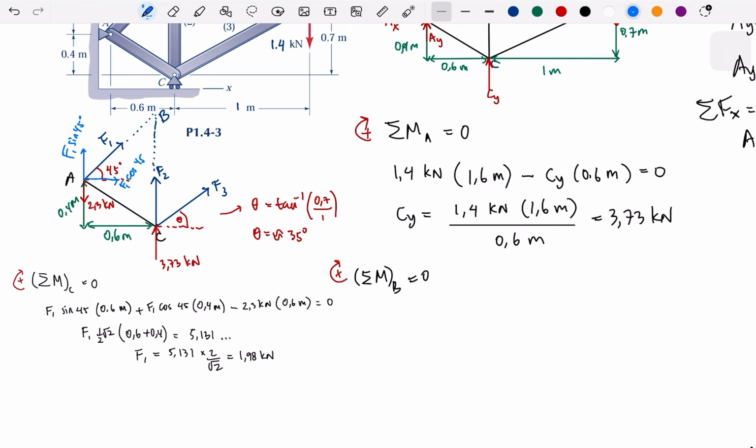So here is the F3 cosine 35. Okay. This one is actually F3 sine 35. But because we take reference on B, the line or the forces that is parallel to this distance we can ignore. So we can focus that this will be our only force if we take this as a reference. So this will be that way.